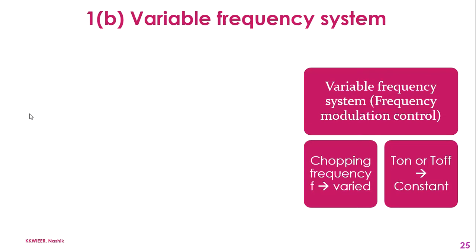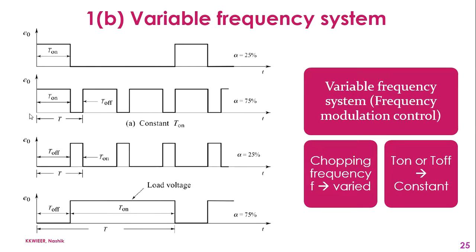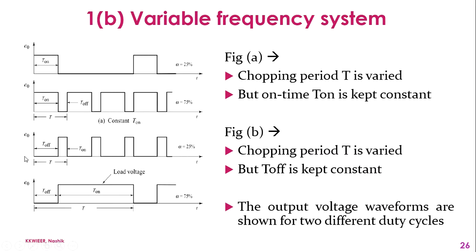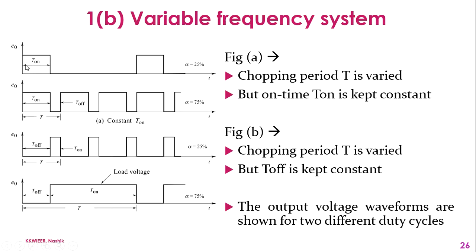Now in second case, that is a variable frequency system, which is also known as frequency modulation control, we are going to keep constant the T on and T off periods, and we will vary the chopping frequency. So here you can see in figure A, the chopping period T is varied. So here the T is this much and here the T is this much. So we have kept the T on, that is the pulses, constant, but the chopping period T has been varied in the first figure.